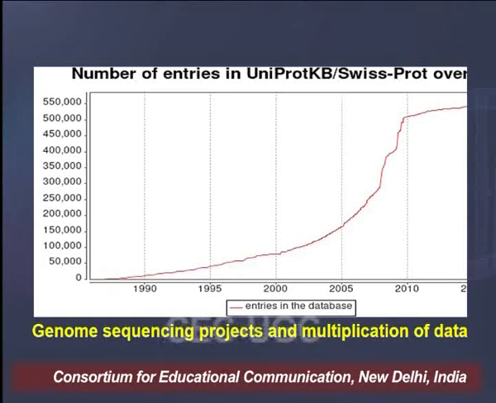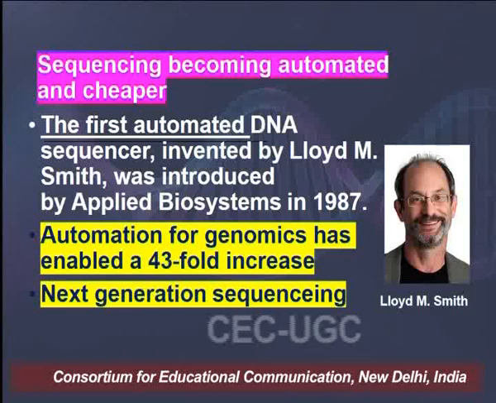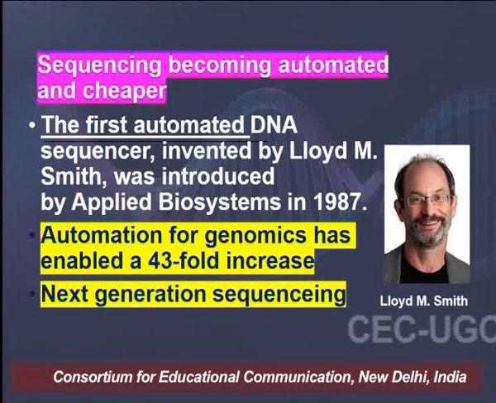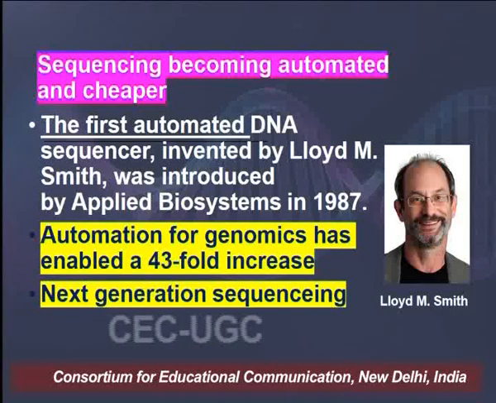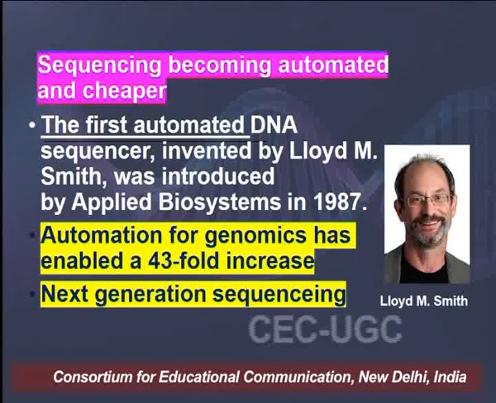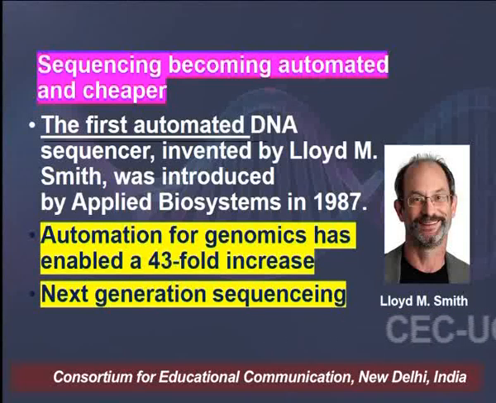After that there was an exponential increase in the number of genomes sequenced. There was a huge number of genomes sequenced, and this has been rising every time. What was the reason for this? I told you already: cheap, easy, and quick methods of sequencing, like the automated sequencer which came in 1987.